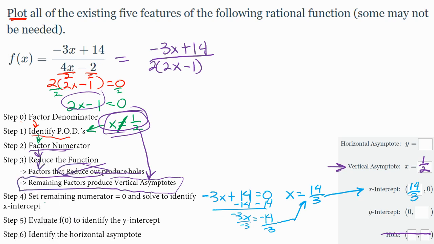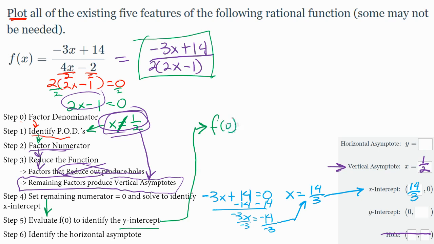Continuing down the list, we evaluate f of 0 to find the y-intercept. So I'm going to do that up here where there's a little more space. But right now, this is my function. The reduced version is what I'm talking about. So f of 0 is going to be -3 times 0 plus 14 over 2 times 0 minus 1.